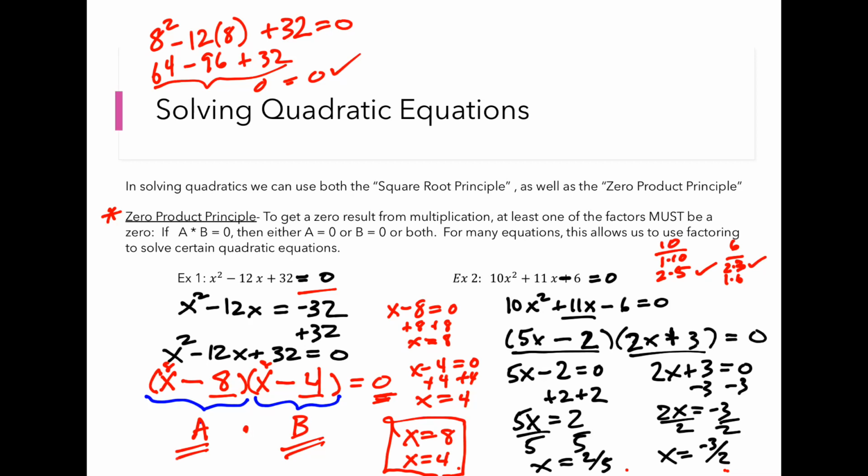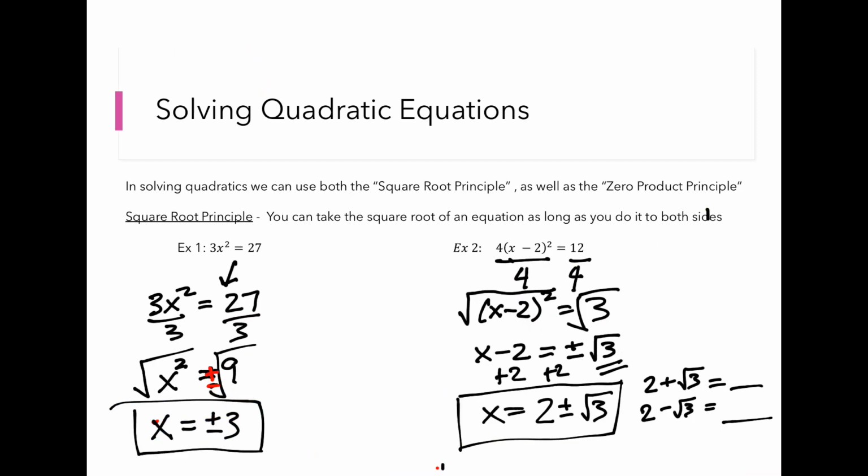So factoring is another way that we can solve quadratic equations. This is especially true when we have middle terms like this. I want to go back for a second to this page and show you that we could have also solved this one by factoring.